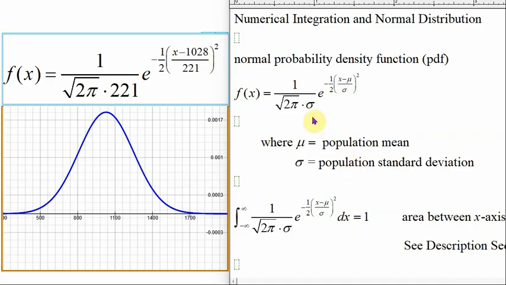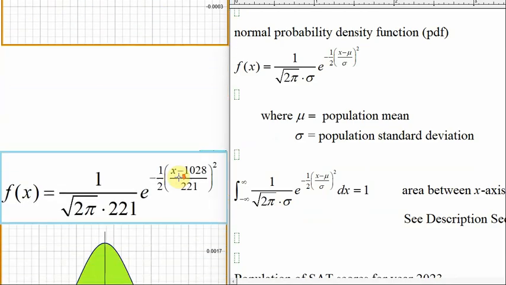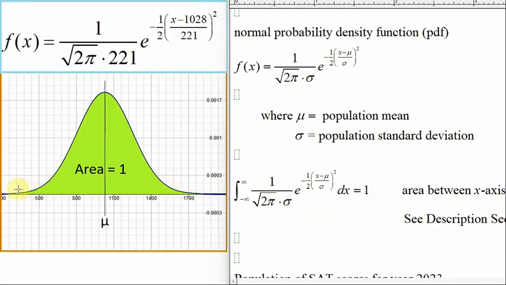And so, for example, when mu is 1028 and sigma is 221, then this function right here, the graph will look like this. And then the area between the graph and the x-axis from negative infinity to positive infinity is always going to be 1.